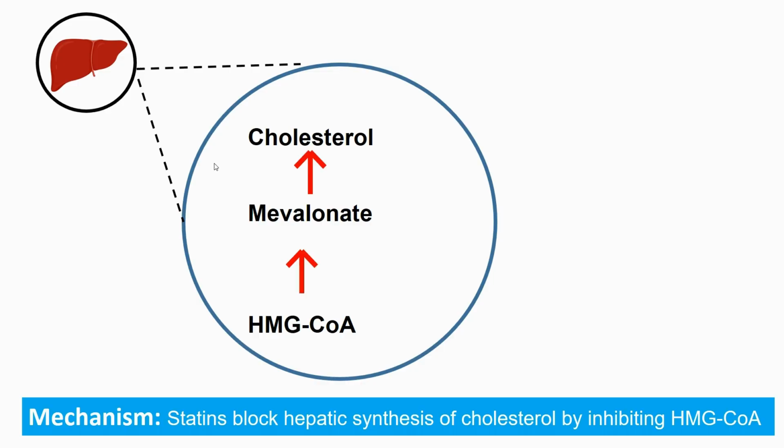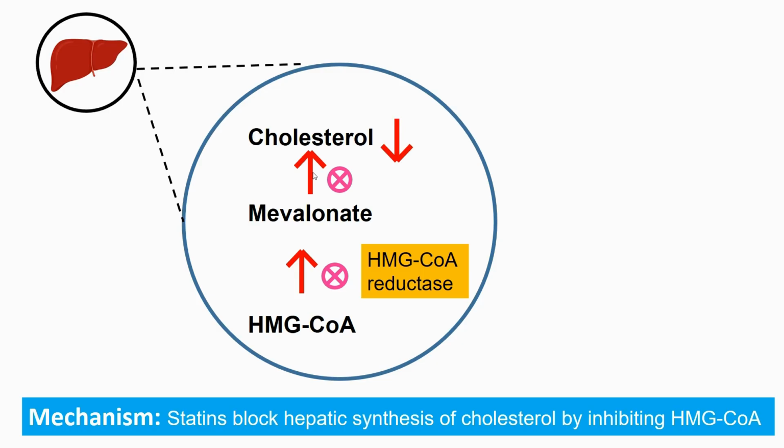In the liver, HMG-CoA is a precursor for formation of mevalonate, and then it forms the cholesterol. This conversion of HMG-CoA to cholesterol is catalyzed by the enzyme known as HMG-CoA reductase. These drugs block or inhibit the HMG-CoA reductase enzyme. By inhibition, it reduces the formation of cholesterol.